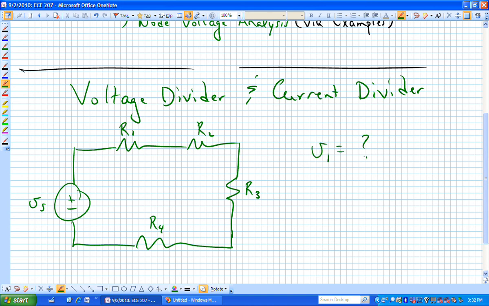Was the question, what is V sub 1 in terms of the R's and the source voltage V sub S? Or was it V sub 2? Was it V sub 3? It really doesn't matter. It can be any of those. The expression will obviously be different, but the structure will be the same.